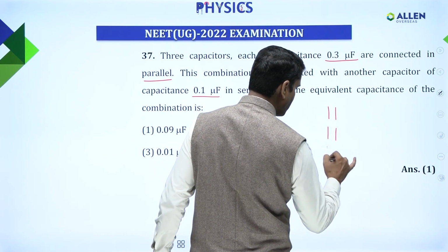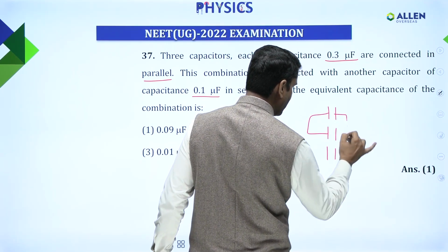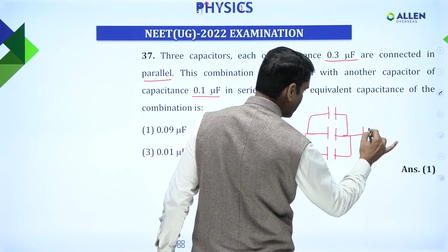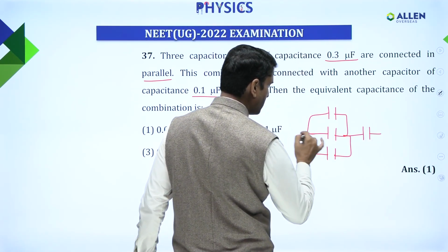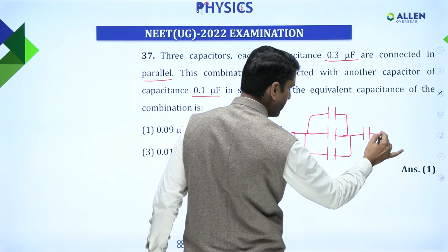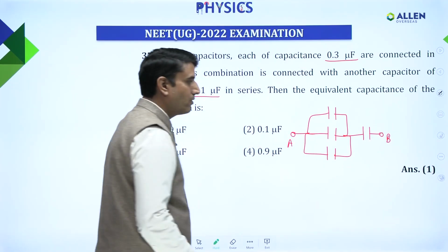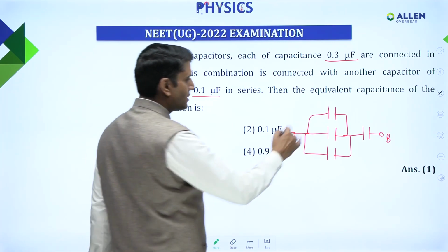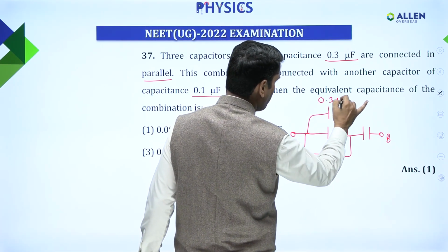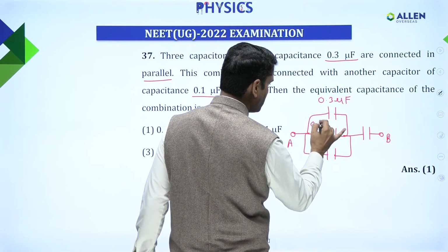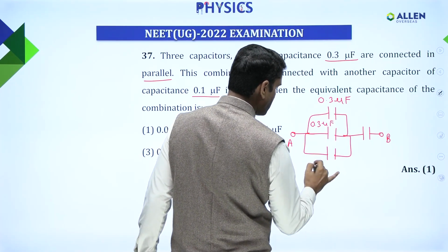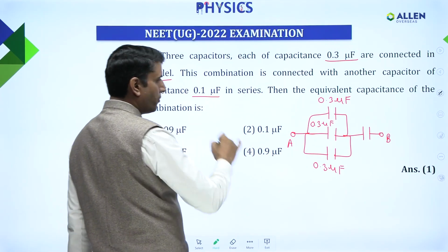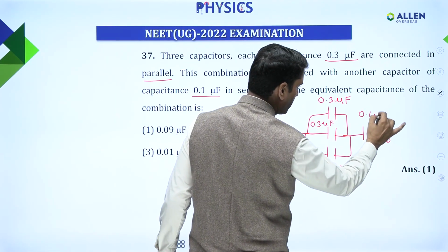First one, second one, third one are connected in parallel, and the fourth one is connected in series. This is point A, this is point B. It means we are going to find the resultant capacitance between points A and B. These three are each 0.3 microfarad, and this one is 0.1 microfarad.